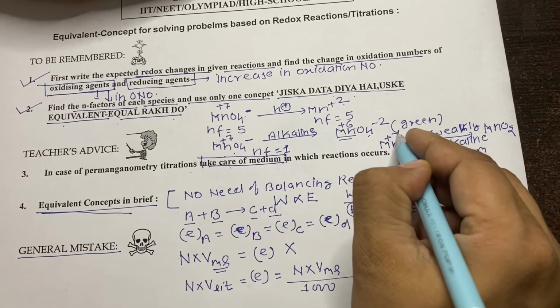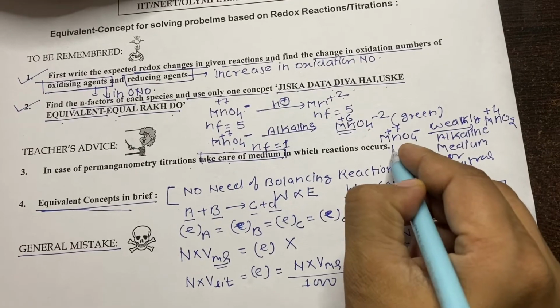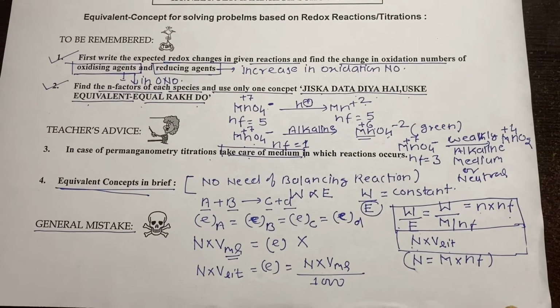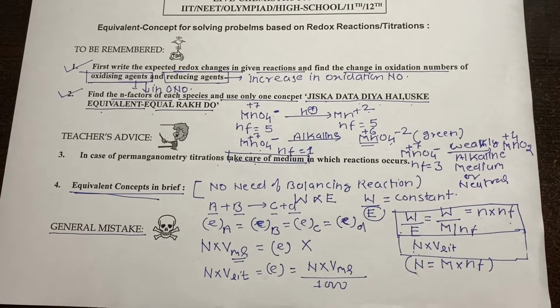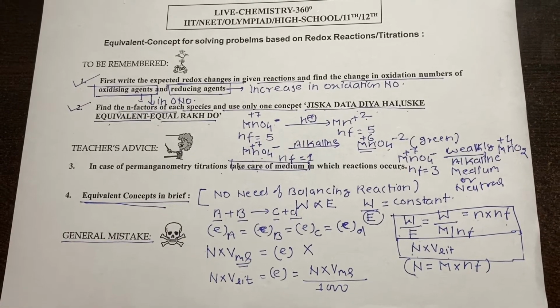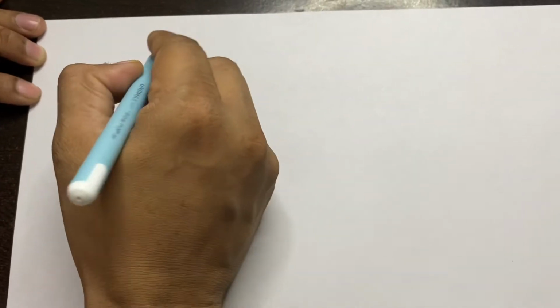So the change in oxidation number will be from plus 7 to plus 4. So the N factor of MnO4 minus will be equal to 3. We can take some more compounds for which we can calculate the N factors, like K2Cr2O7.